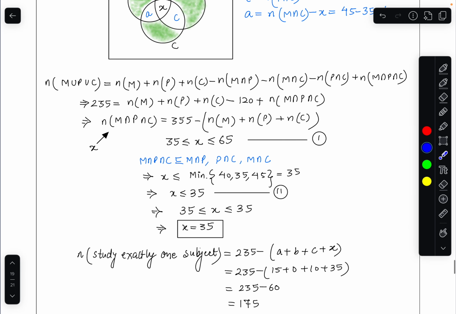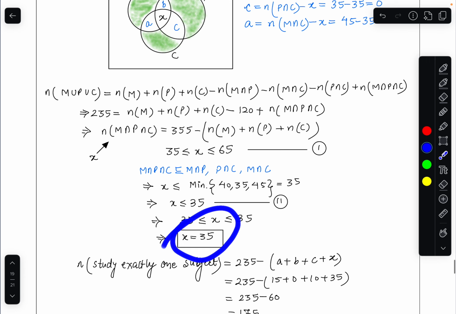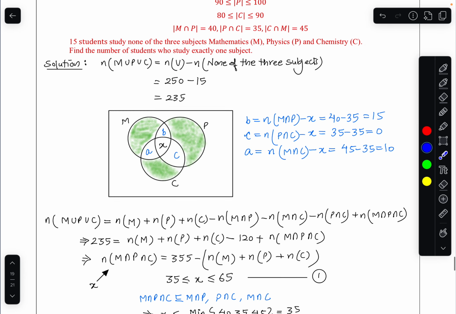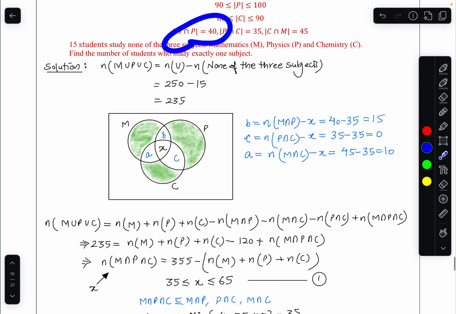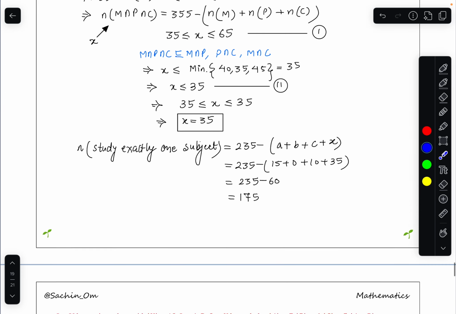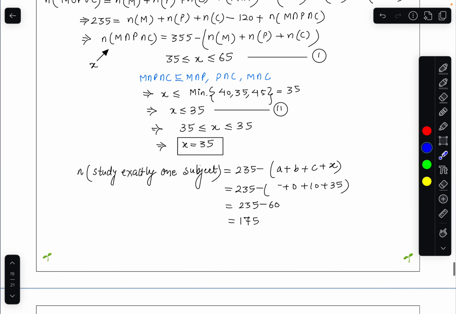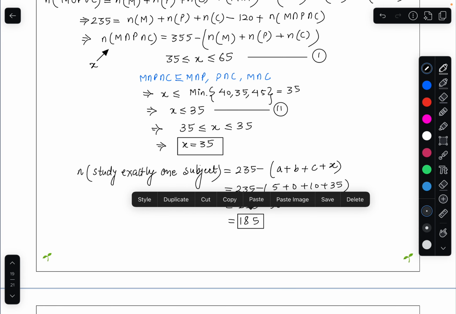Let's check the calculations once. X has 35 elements in it. So M intersection P had 40, so this is going to be 5. So it's 5, 0, and 10. It gives me a 50 here, and this is going to be 185 here. So that's the answer we are having. The number of people who study exactly one subject is 185.